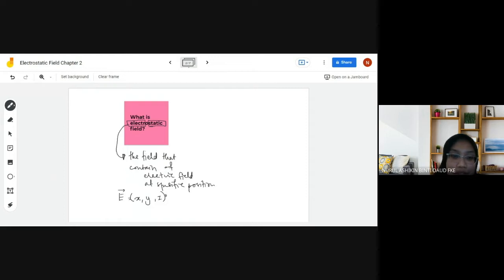I think you already know that x, y, and z is referring to Cartesian, and if E vector is referring to r, phi, and z, then it is cylindrical, and if E is referring to r, theta, and phi, then it is referring to spherical, right? I think we have covered this in previous chapters. So these are the electric field.